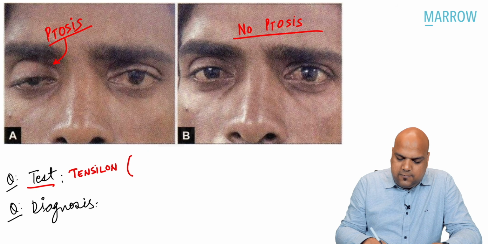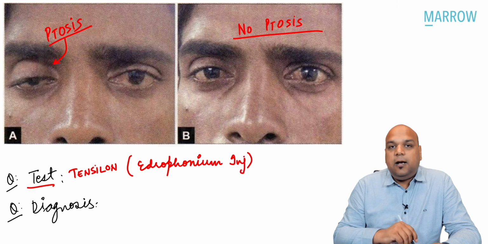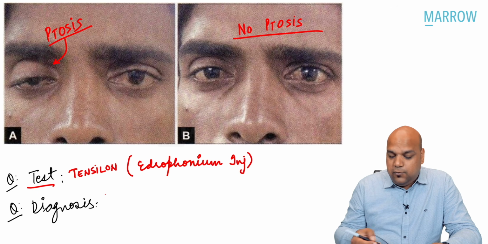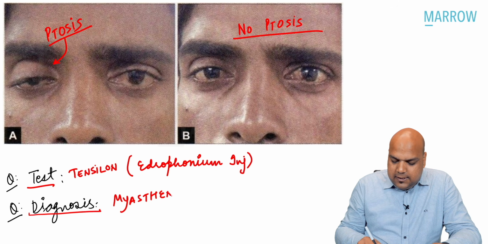In Tensilon test, what do we inject? We inject edrophonium, which leads to improvement of ptosis because the diagnosis is myasthenia gravis.